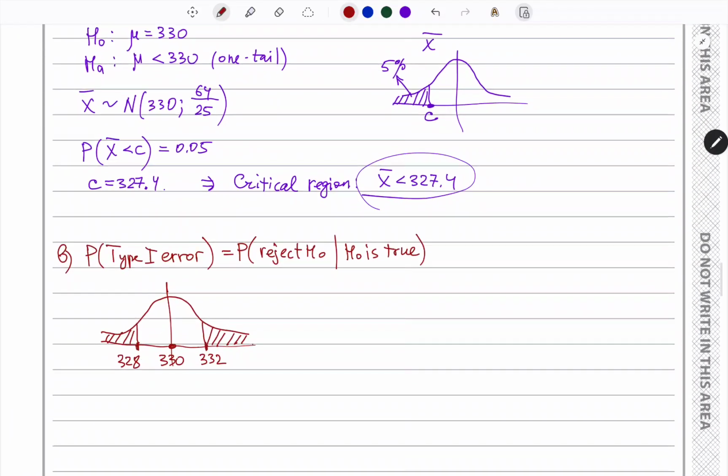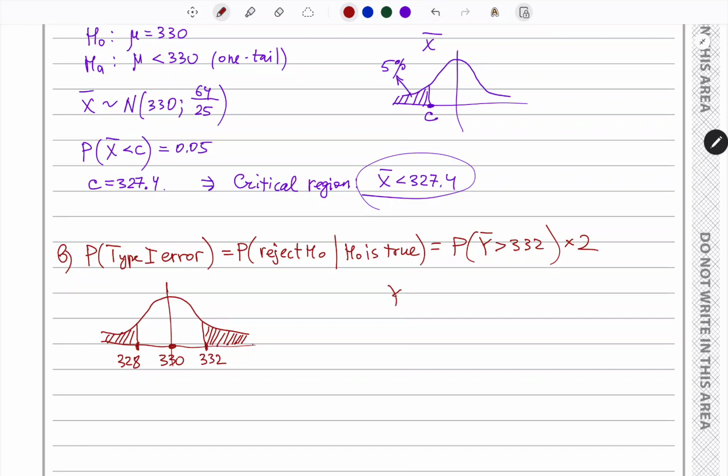So we must find the probability to reject H0. We reject H0 when we are in the tails. So it's the probability that Y bar is bigger than 332, multiplied by 2 due to the symmetry.